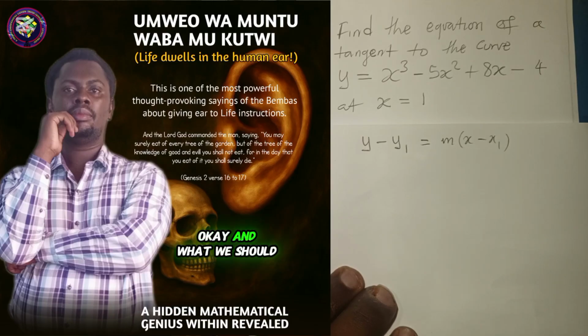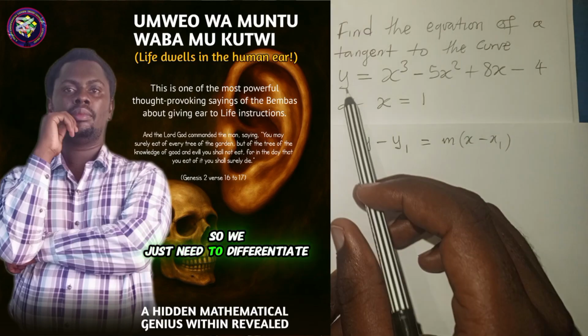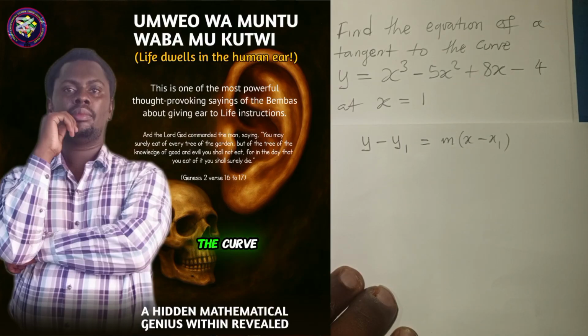And what we should always remember is that the gradient is just the derivative of the curve. So we just need to differentiate the curve, the equation of the function there, then we substitute 1 for x.